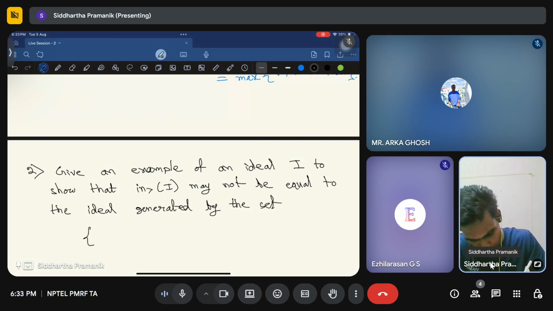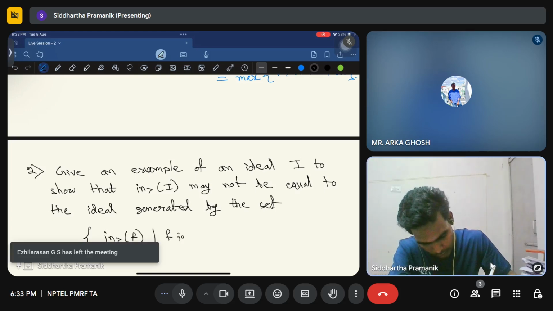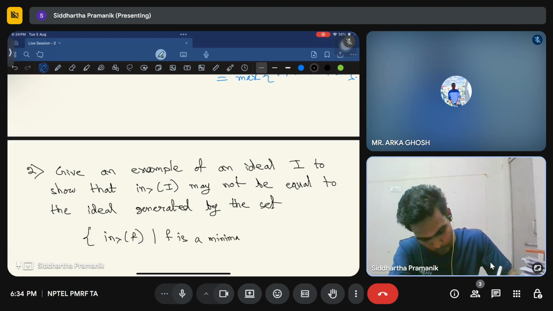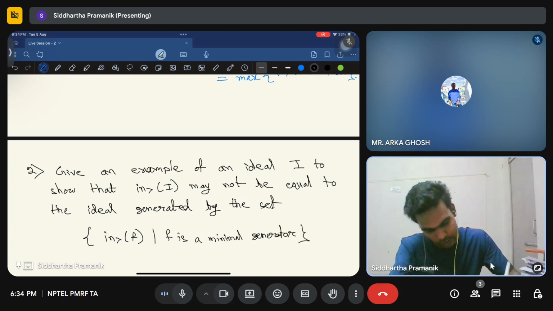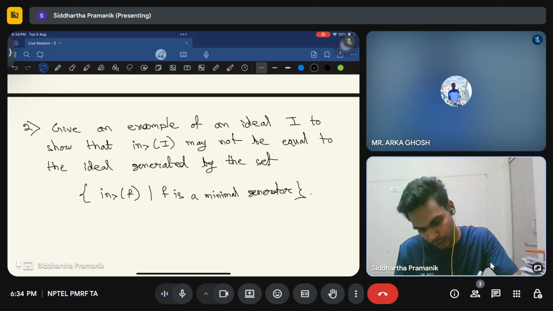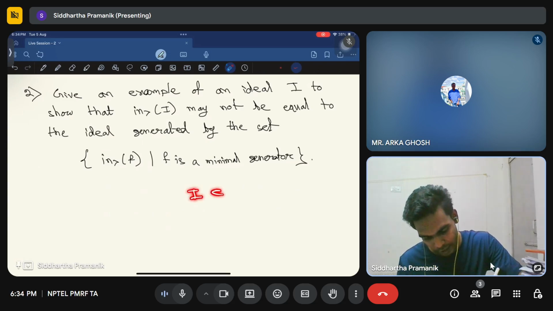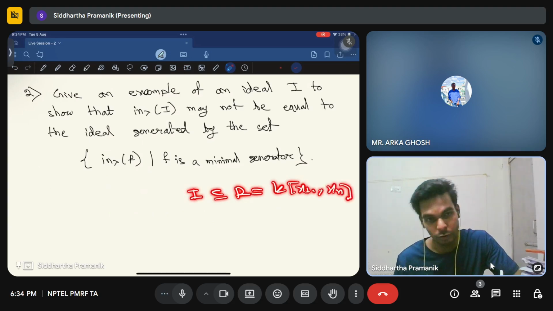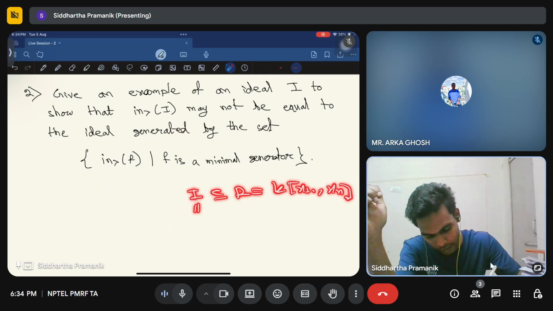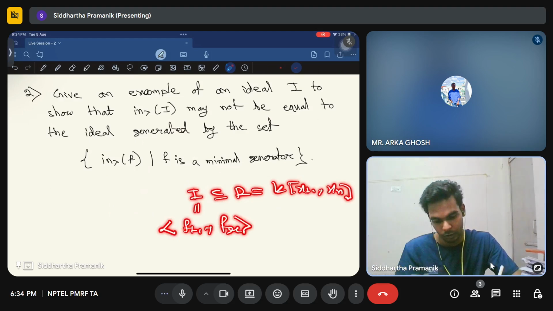So let me write it here. It is basically the initial term of f such that f is a minimal generator. This is an awkward way of writing, but okay, let me explain it. So I is an ideal of the polynomial ring, let's say k[x1, ..., xn]. By Hilbert basis theorem, I is finitely generated, let's say f1 up to fr.